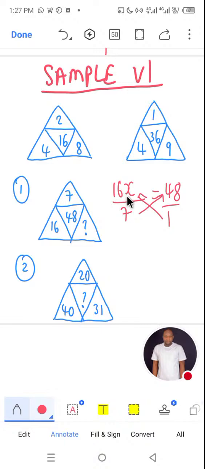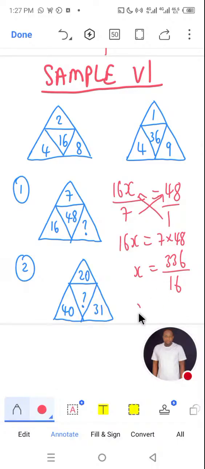So 16x times 1 is 16x. 7 times 48. So what is 7 times 48? That's 336 divided by 16 to get x. That's 21. Yeah, so this one here is 21.